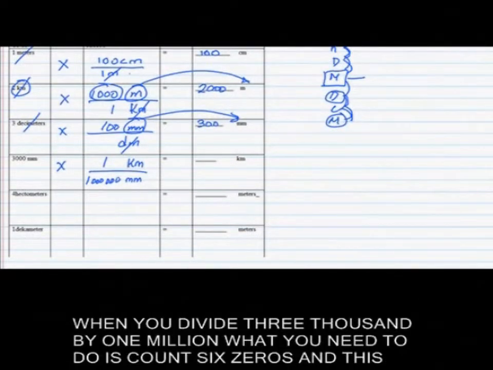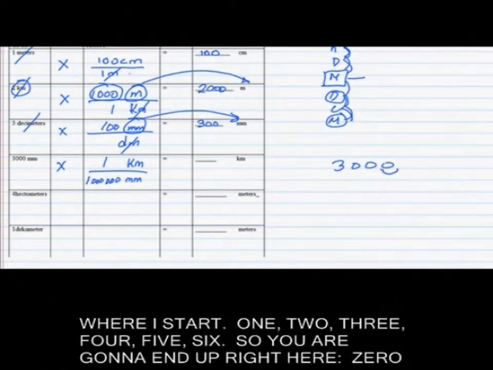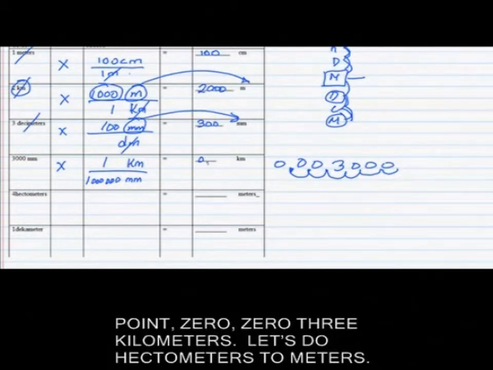When you divide 3,000 by 1 million, what you need to do is count 6 zeros. This is where I start: 1, 2, 3, 4, 5, 6. So you're going to end up right here, 0.003 kilometers.